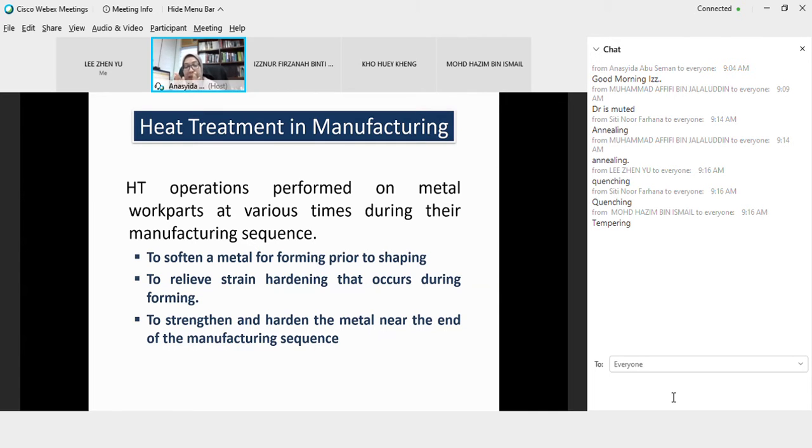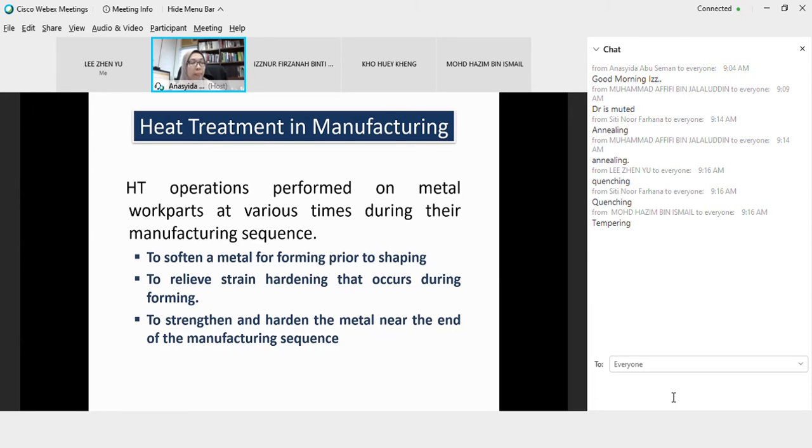recrystallization temperature, meaning that you have to ensure that the temperature that you select for annealing is at TR temperature. What is TR temperature? If let's say you have a metal, so what is the formula for you to determine the TR? Apa formula dia? You belajar 225, you belajar 344. Apa formula dia?